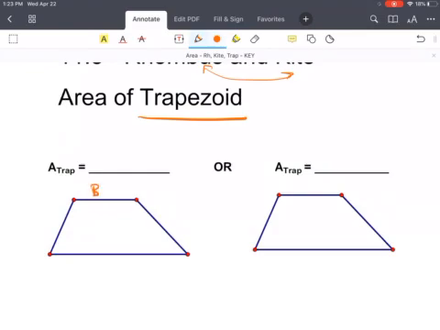Trapezoid, we have two bases, base 1 and base 2, base on the top and the bottom. We also have the height, which makes a right angle with the bases.